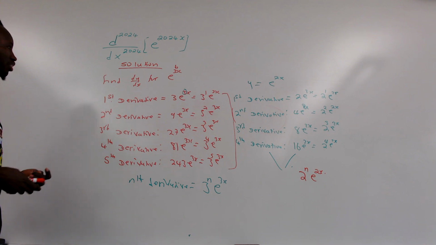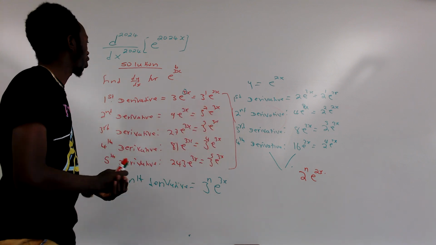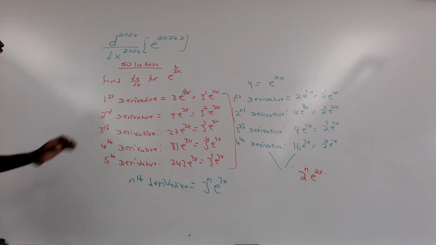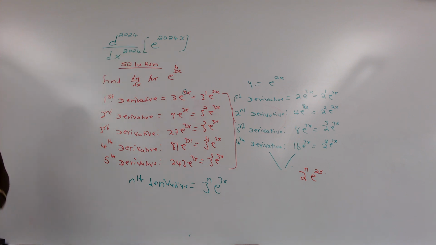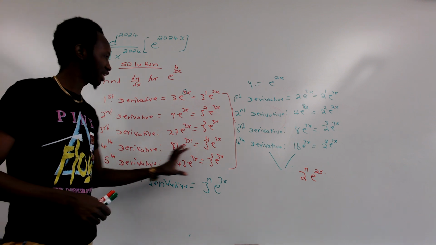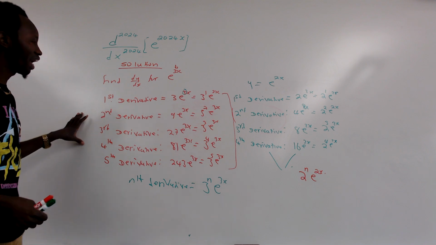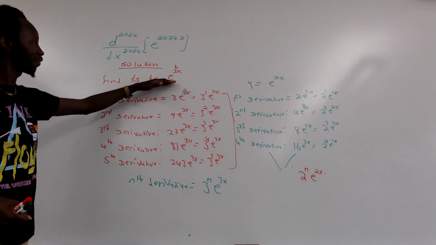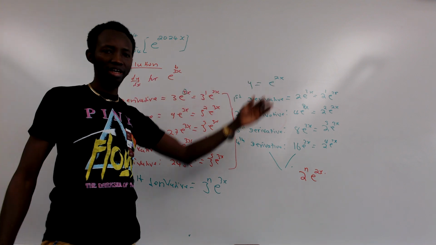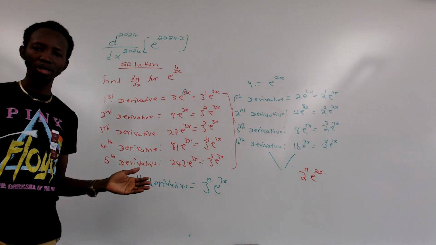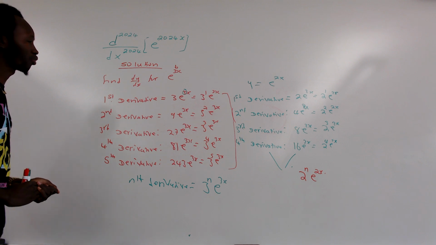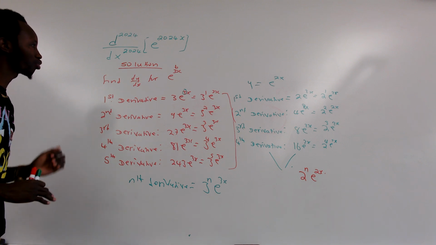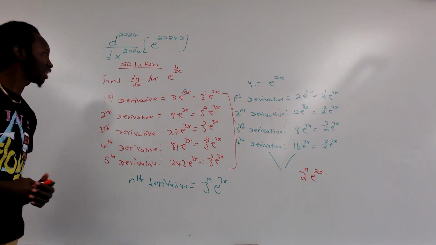You see, so this is just the basic case study. If we come to the real problem given, how can we find the derivative of this function? Since we generated these two nth derivatives for e raised to power 3x and e raised to power 2x just to make the problem look easy, now let's find a way to arrive at what we are asked to find.